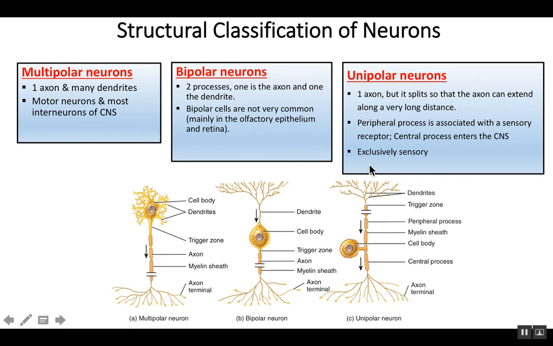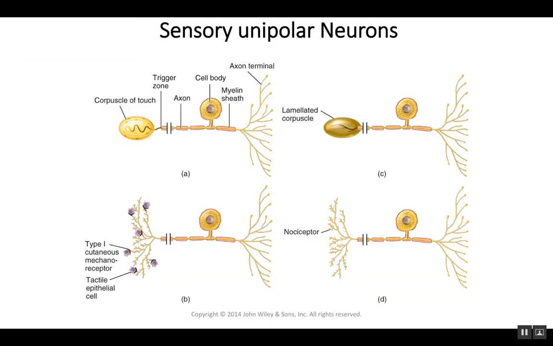And these are typically your sensory neurons. So you've got a lot of these in your skin that are detecting your cutaneous senses. And that's what these are. These are all examples of unipolar neurons. They're all sensory.